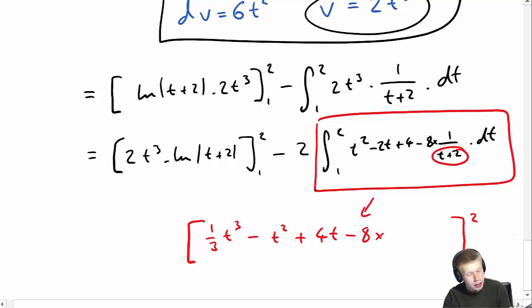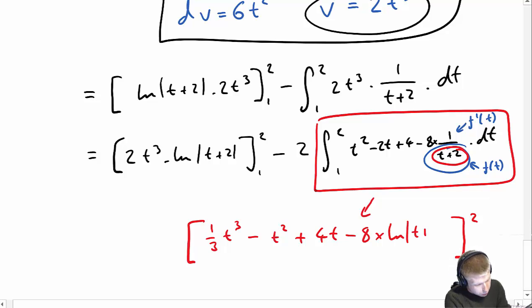That's just going to be 1. So effectively what I've got there is a function on the denominator, and the derivative of my function on the numerator, and then I just know that that's equal to the natural logarithm of whatever my function on the denominator was, in this case, t plus 2. So that's equal to ln of t plus 2.